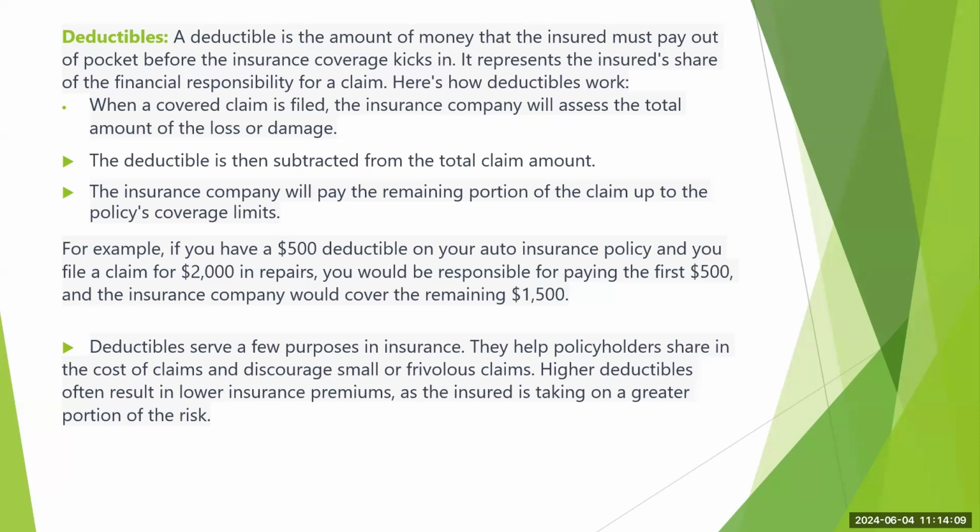For example, if you have a $500 deductible on your auto insurance policy and you file a claim for $2,000 in repairs, you would be responsible for paying $500, and the insurance company would cover $1,500 itself.